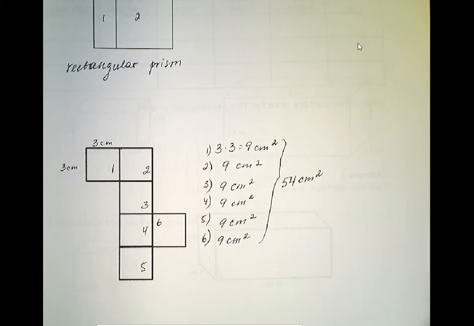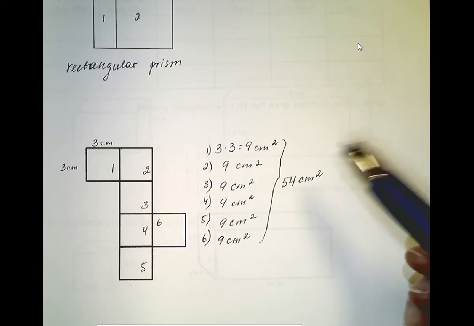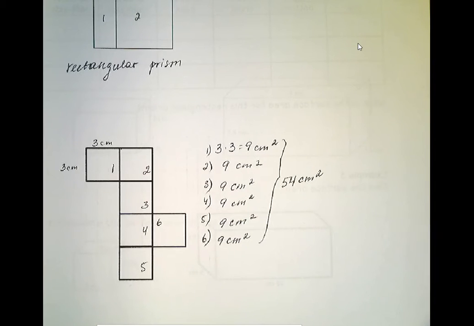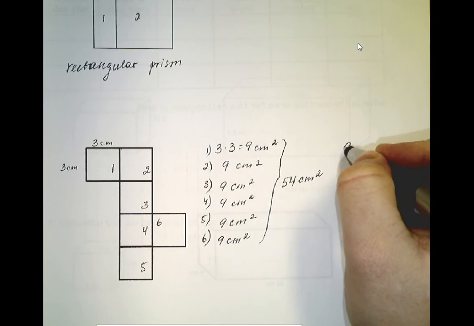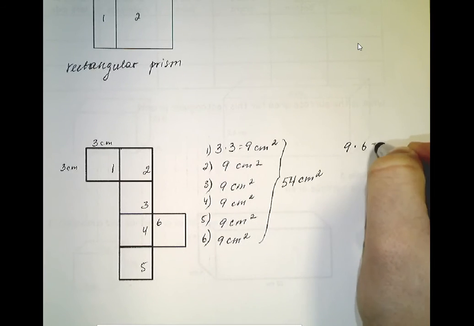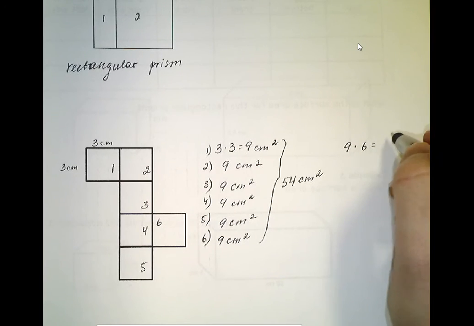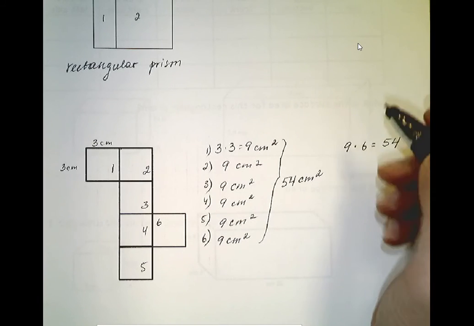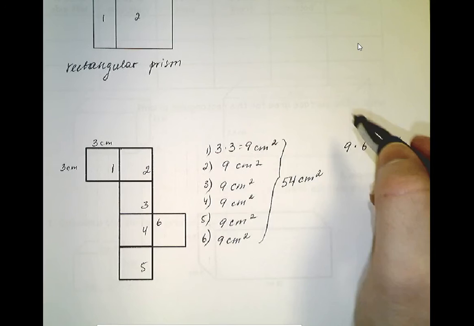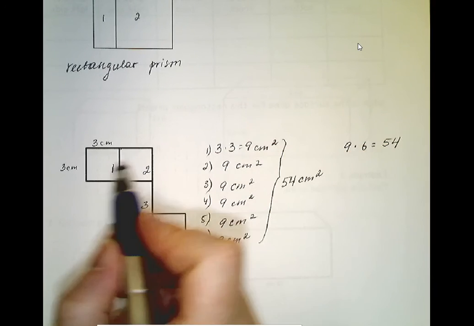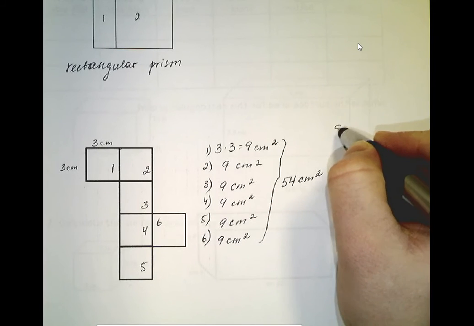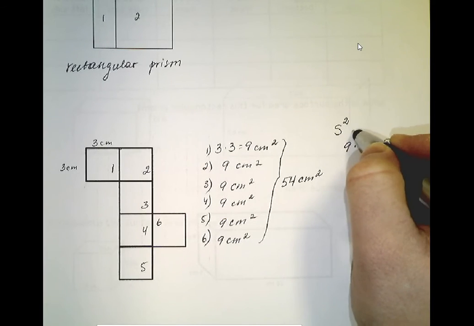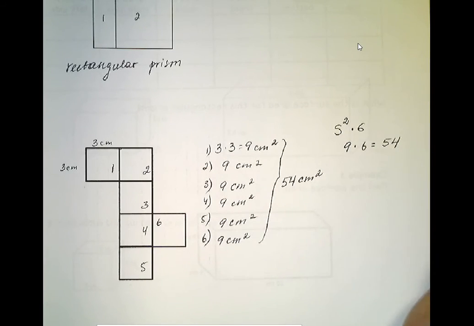Do I have to do this for my square prism? Not necessarily, because all this work is to prove that 9 times 6 is 54. So what I can do is square the side. 3 squared, so side squared times 6.